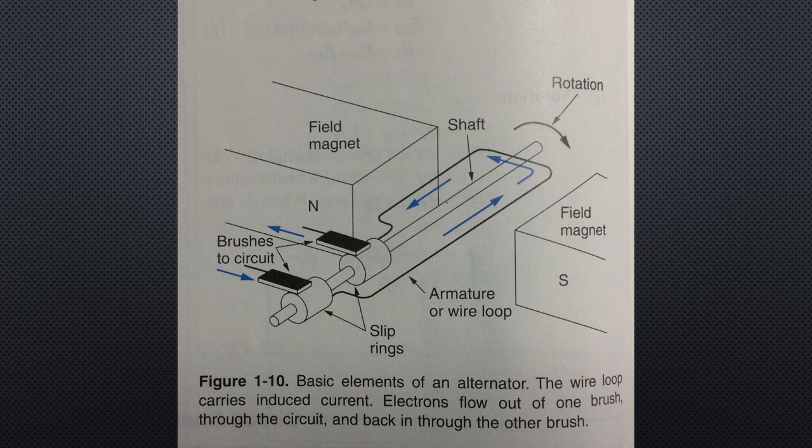In some generators, the poles are magnetized by a portion of the electrical current generated. Third, the metal slip rings are always in contact with one of the terminals of the coil or armature. They transfer the current to the brushes. Fourth, the brushes transfer current from the slip rings to the external circuit. One brush is in contact with each slip ring.